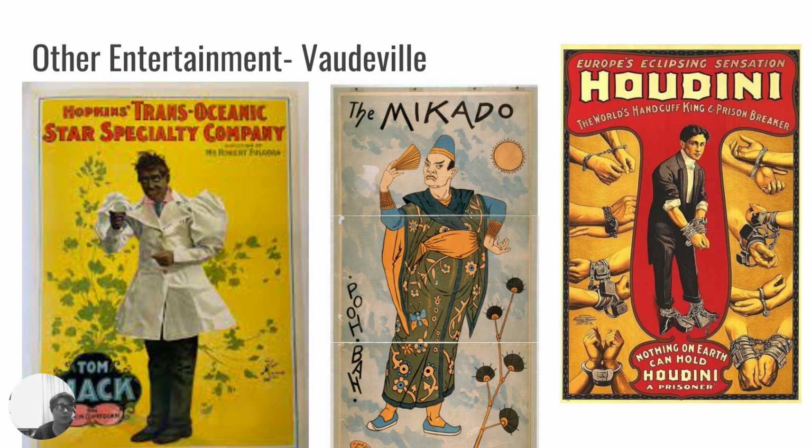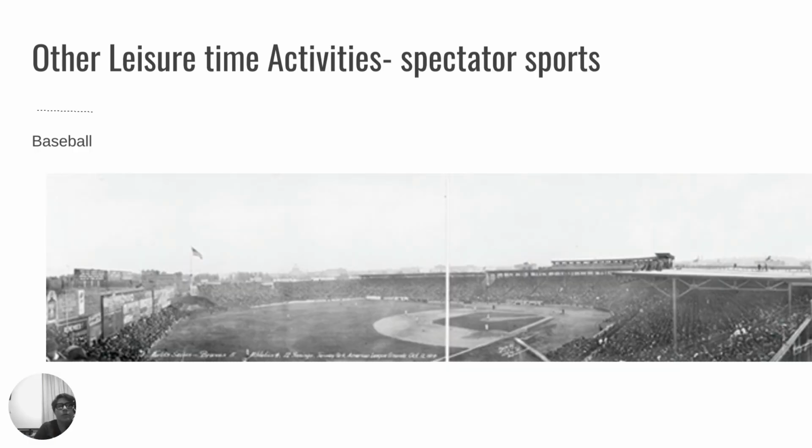And minstrel shows, which is commonly known as blackface, is also going to be the entertainment at the time. Spectator sports are also going to become a major attraction. Baseball becomes America's pastime. Football is on the rise. And a lot of these are kind of targeted more towards the working class, but other folks would go too.